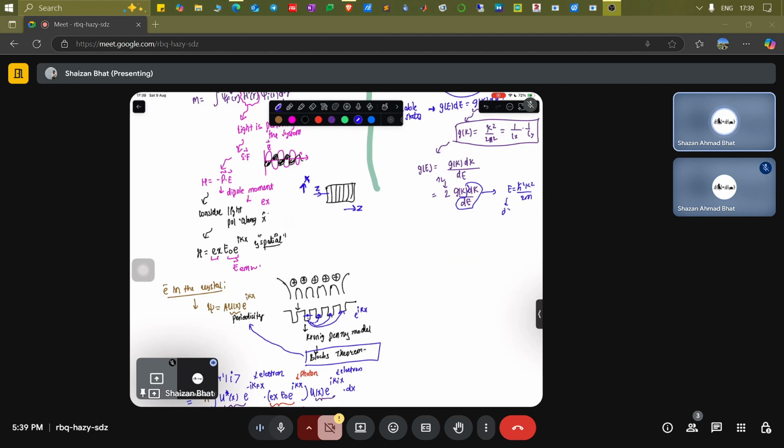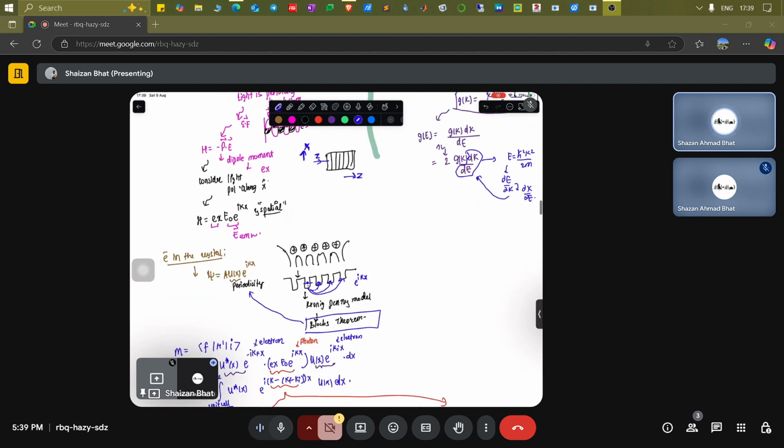So you differentiate it, you get de over dk, and you take the reciprocal, you get dk over de, and that you can use here. Okay, so you get the g of e. Once you do it, you get g of e to be directly proportional to some constant times the square root of e. So that is what you get as the density of states.